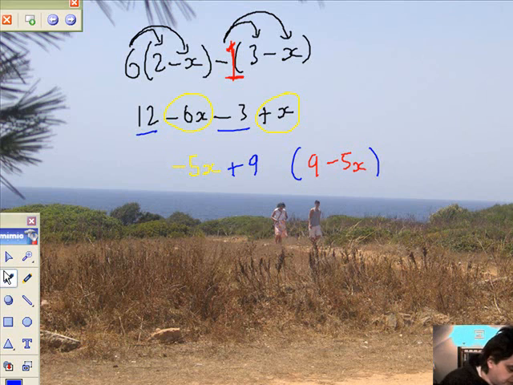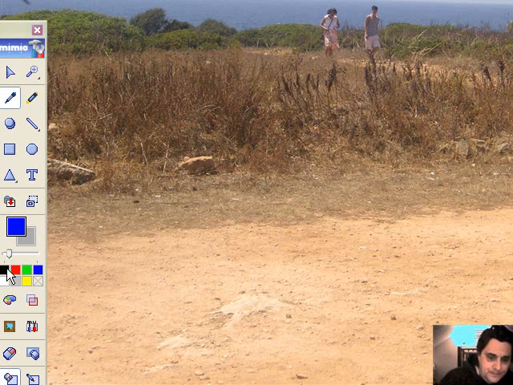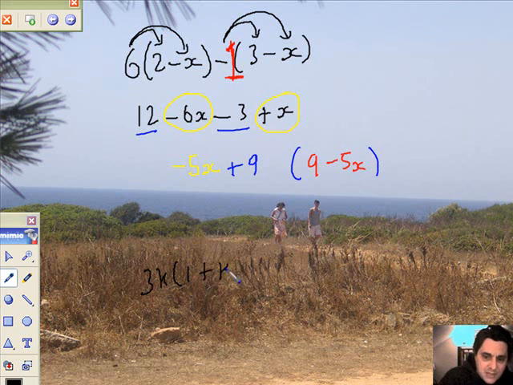Alright, let's do one that looks a little bit tricky. Let's try L. 3k multiplied by 1 plus k, close the bracket, take away k multiplied by k plus 6. Now bit by bit let's just do it.